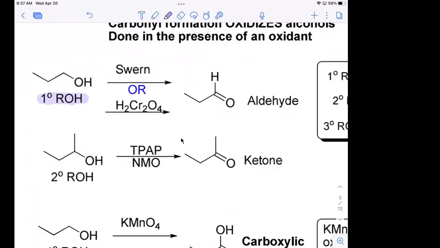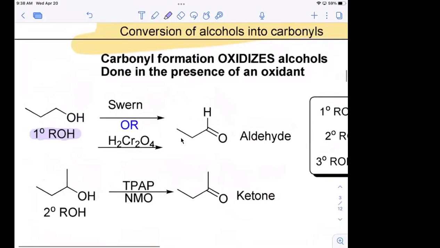If you had a secondary, you would use this. If you had tertiary, you'd use this, and so on and so forth. It's the same way when you're doing other types of synthetic methods. Some of them are specific for certain types of functional groups. So if you've got a primary alcohol, typically you would use one of these, and there are a bunch of different methods. I'm really paring this all the way down just to give us something to grab onto.